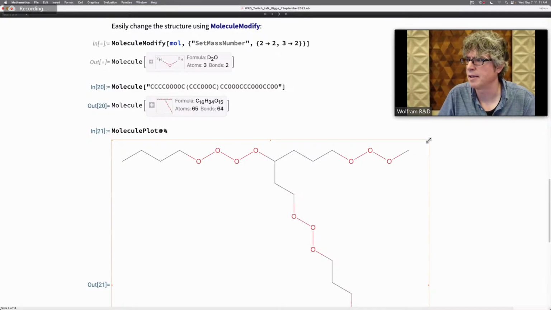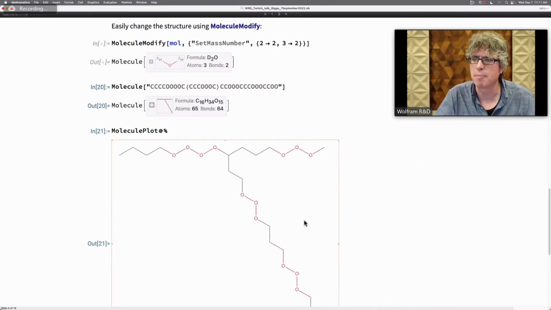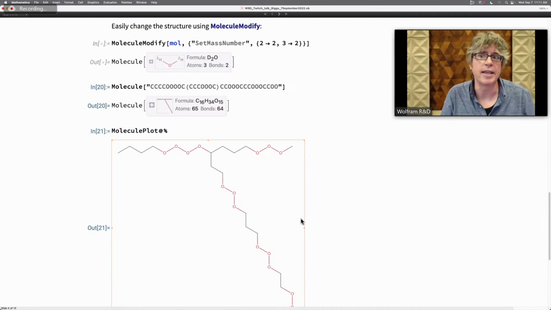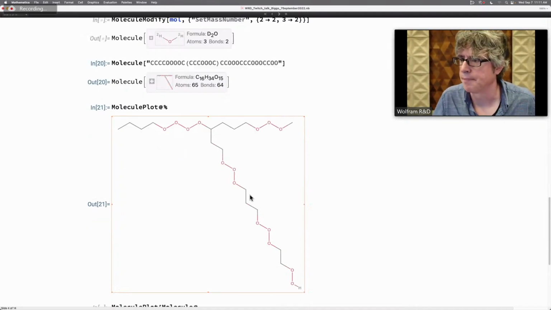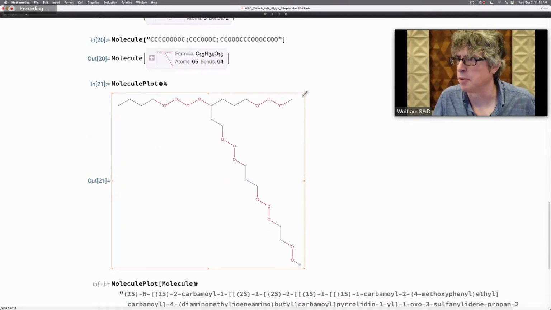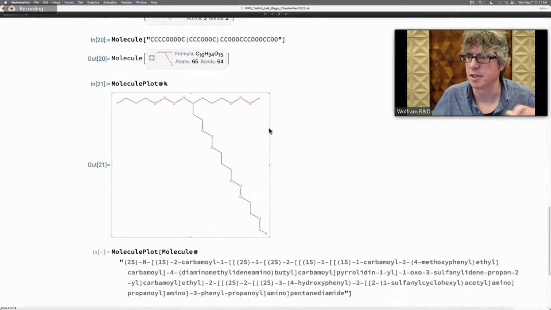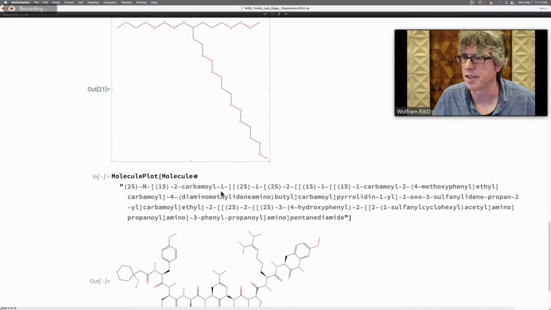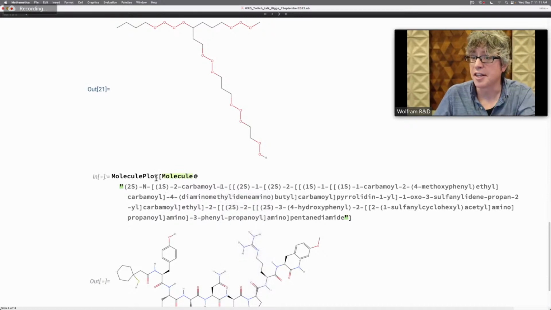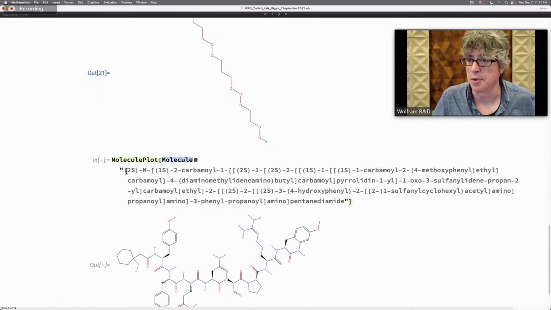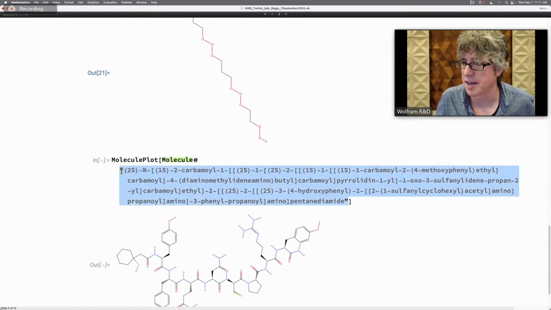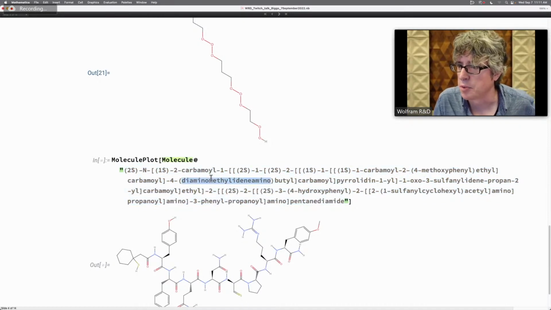I never really get tired of saying this, but the number of possible molecules that you could make is limitless. I think it's probably countably infinite, but you'd have to ask other people in the building here about that. Interestingly enough, you can also feed Molecule one of these big, long, systematic chemical names, and it will go through and parse it.